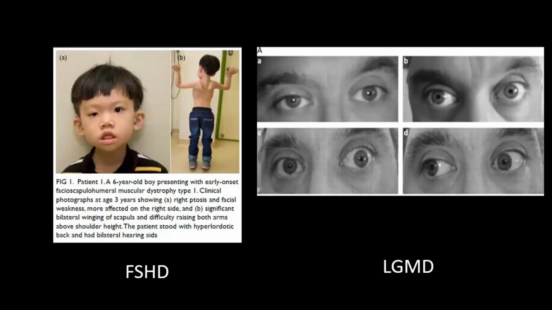Asymmetry is the rule in facioscapulohumeral dystrophy. Usually in myopathic disorders, you tend to get bilateral ptosis. But in this case, you can clearly make out that the ptosis is unilateral, and asymmetry is the rule in FSHD. So it finally turned out to be FSHD. Rarely, LGMD, limb girdle muscular dystrophy, can also present with bilateral ptosis and ophthalmoparesis.